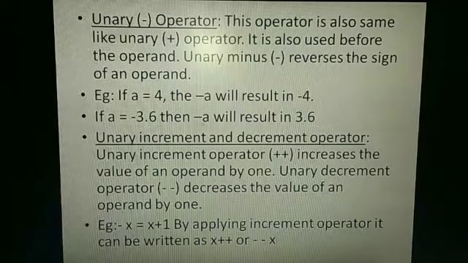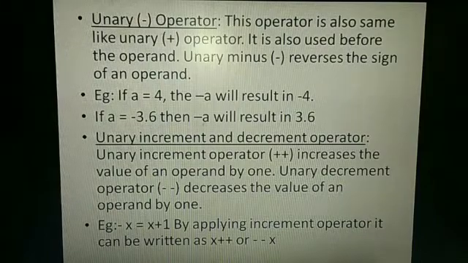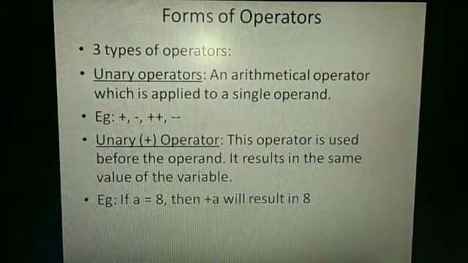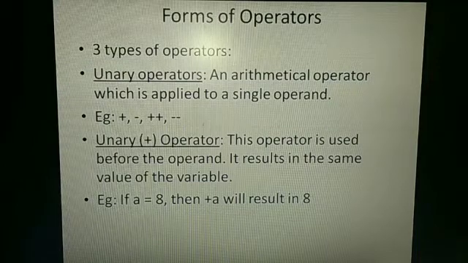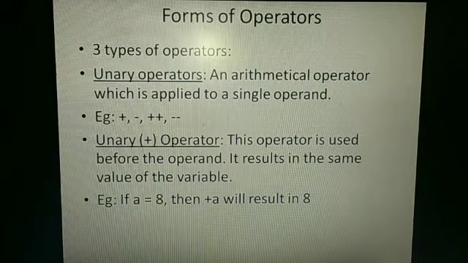Just understand what will be the result of it. In your unary plus, the result will be the same as your variable value, and the operator is placed before your variable.